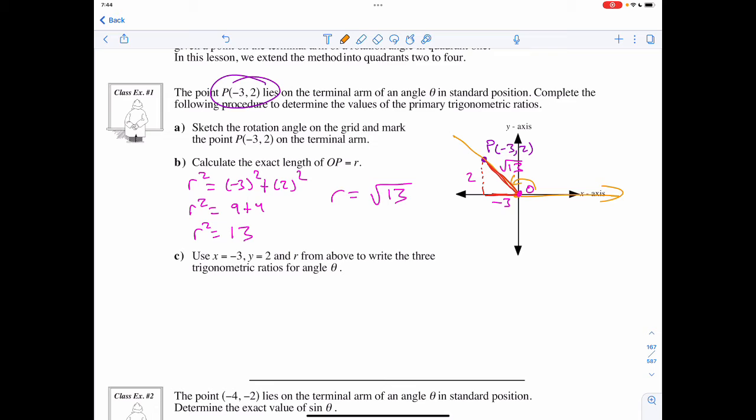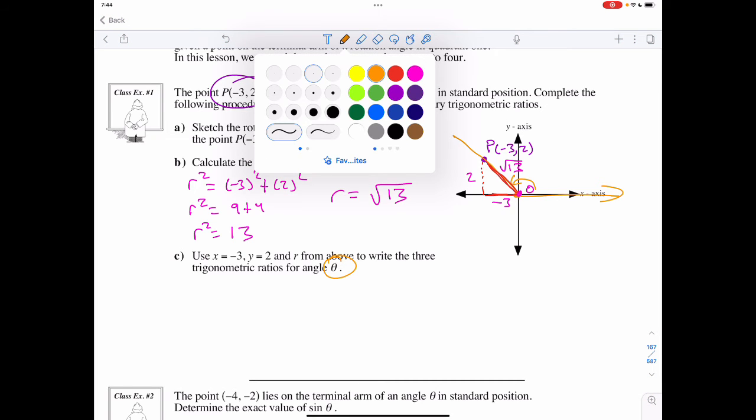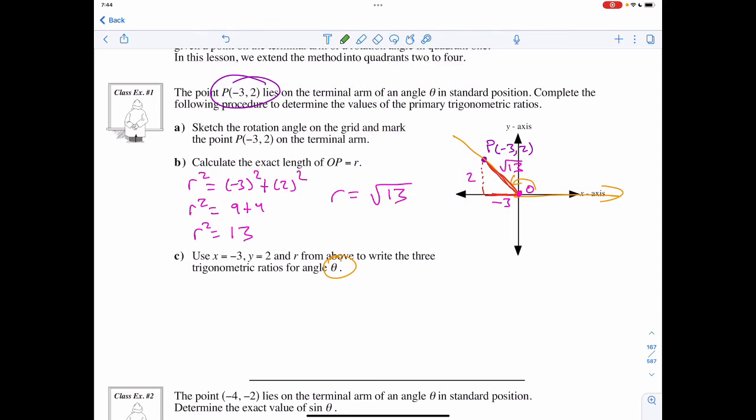Using this, write the three trig ratios for angle theta. Remember that theta in this case is going to represent my reference angle, or theta r.